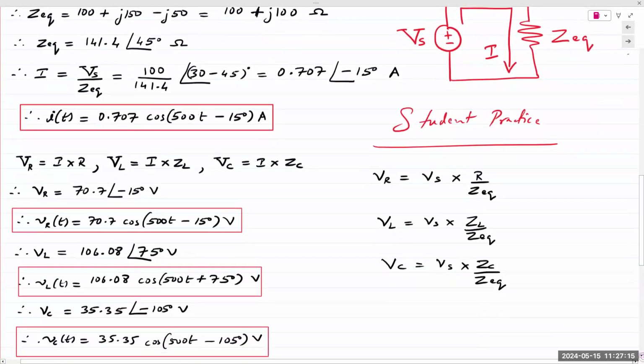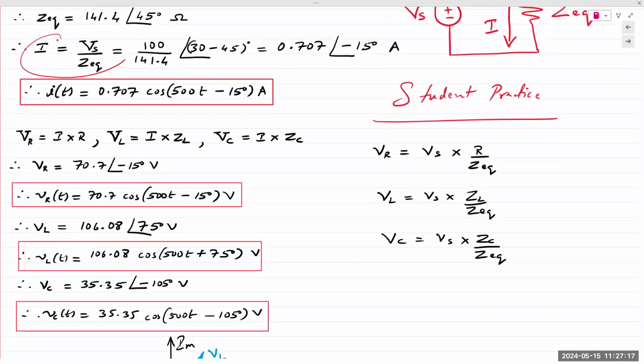V equals IZ, so I equals V over Z. V is voltage source Vs. Perform the calculation and you obtain a phasor representation of that current, 0.707 with an angle of minus 15. You write the answer in the time domain, I of t, because that is what is asked of us.